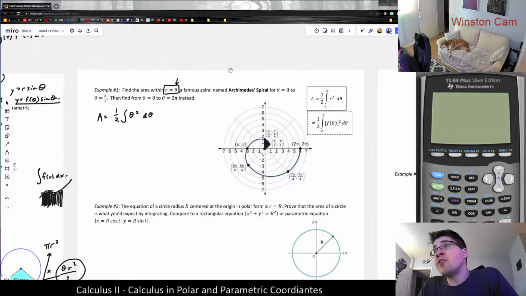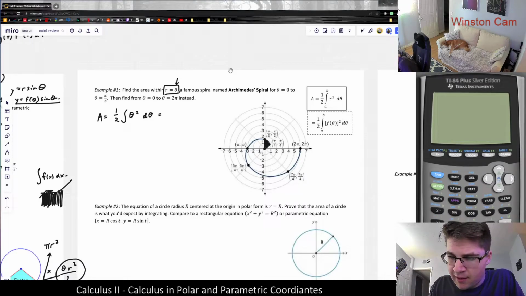The area here is actually quite simple, because this polar equation is just theta, a pretty simple algebraic relationship. The integral of theta squared by the power rule is theta cubed over 3, so we'd have theta cubed over 3 times 2, which is 6, as our general antiderivative.